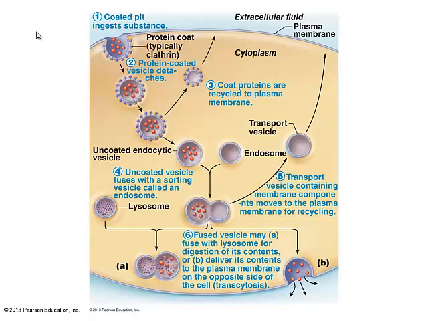So, something comes in contact with my receptors, it's going to cause me to create that package and bring it into the cell. You can see this on page 76, figure 3.12.